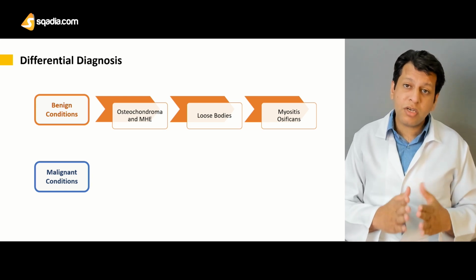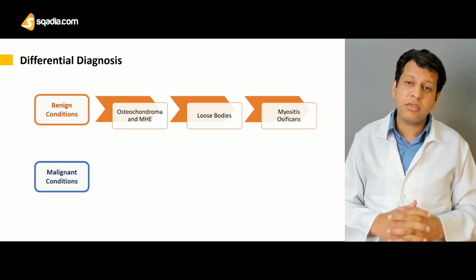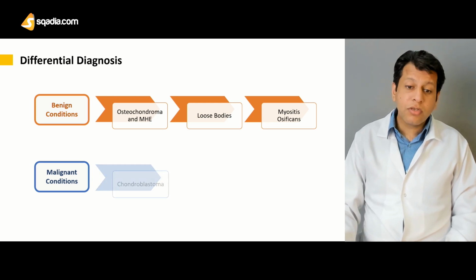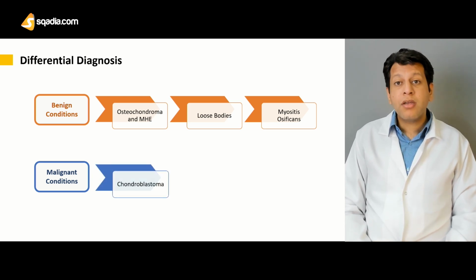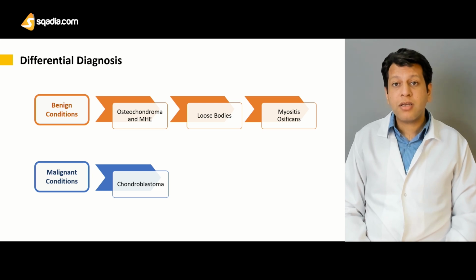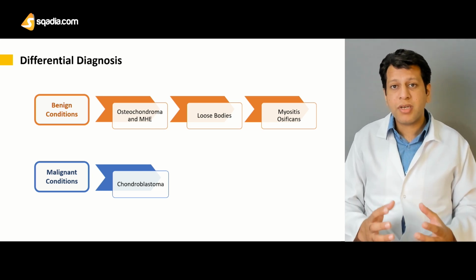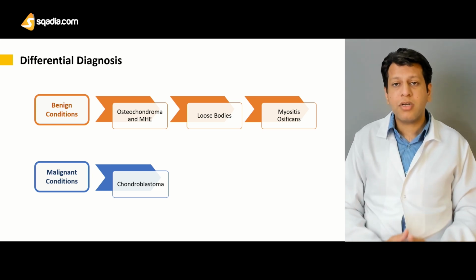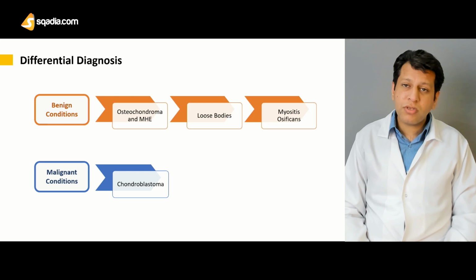And above all, it is important to rule out these malignant conditions because the mortality and morbidity of these patients are quite high if they are overlooked. These include chondroblastoma. Now, chondroblastoma is not usually common in adult age. It's actually mainly common in young children less than 10 to 12 years of age.